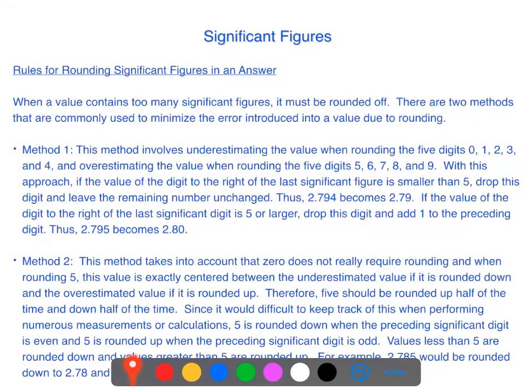So in method 2, this method takes into account that 0 does not really require rounding. And when rounding 5, this value is exactly centered between the underestimated value, if it is rounded down, and the overestimated value, if it is rounded up. Therefore, 5 should be rounded up half of the time, and it should be rounded down half of the time.